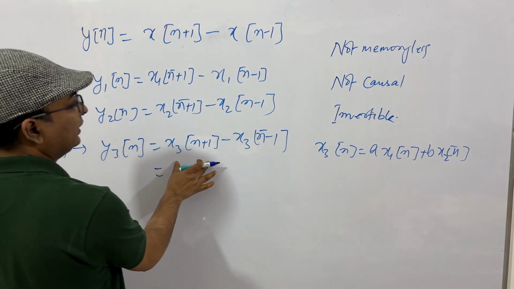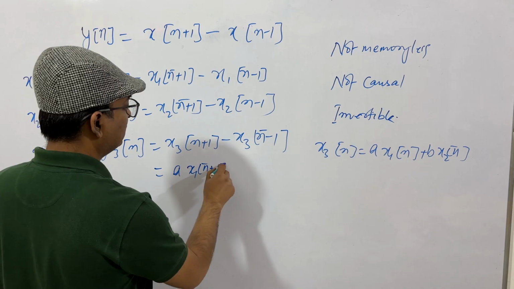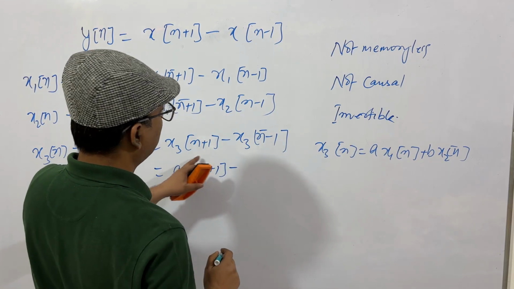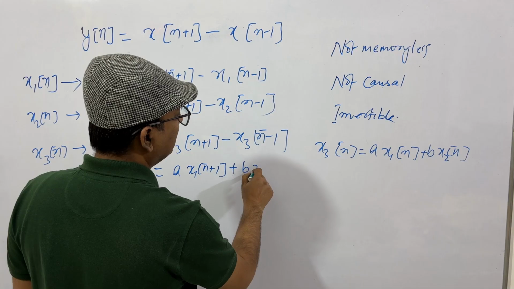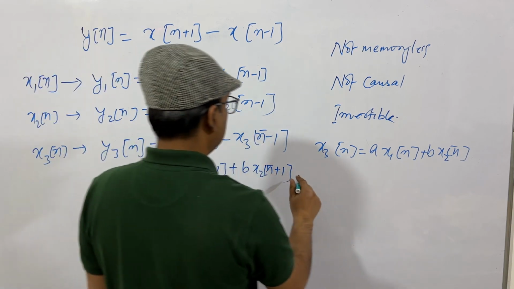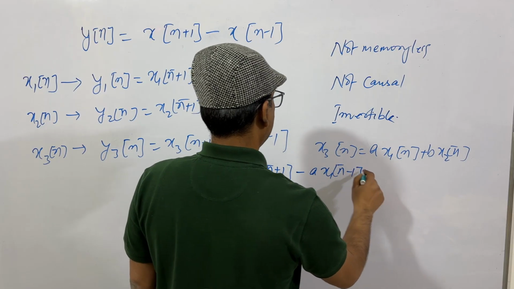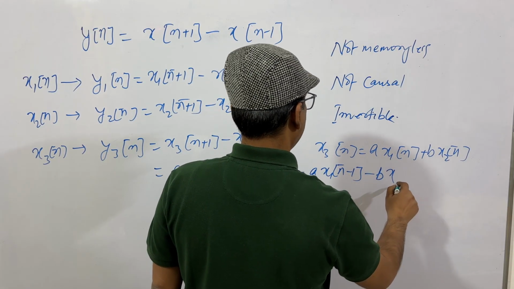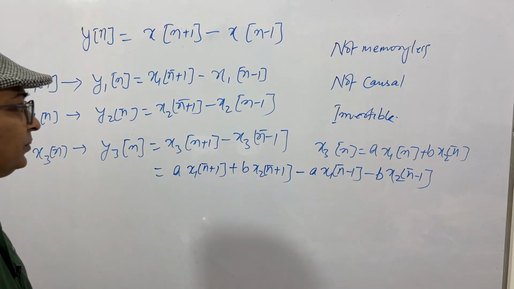So this is x3(n plus 1). This will be a x1(n plus 1) plus b x2(n plus 1). From this, it will be a x1(n minus 1) plus b x2(n minus 1) being subtracted.